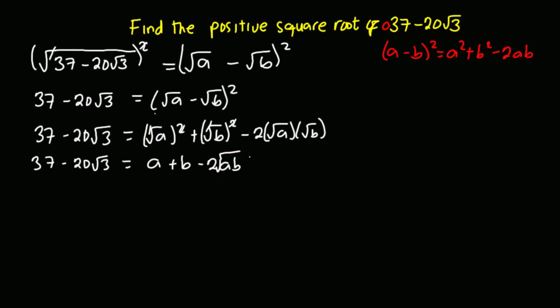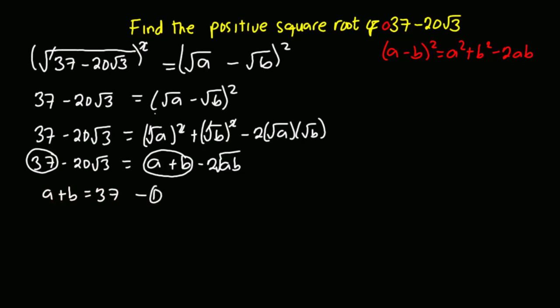So having gotten here, what we are going to do is compare what we have at the right hand side to that at the left hand side. If you take a look at the left hand side, this carries no radical. These two also carry no radical. So we can say that by comparison, a plus b should be equal to 37. So this is equation 1.